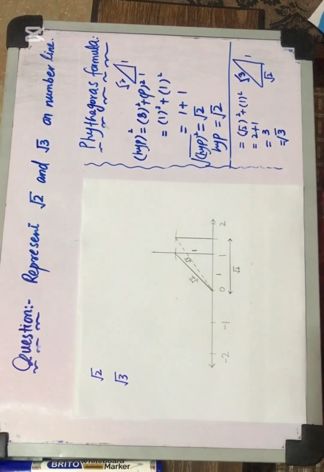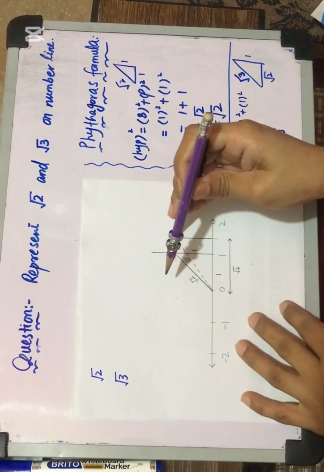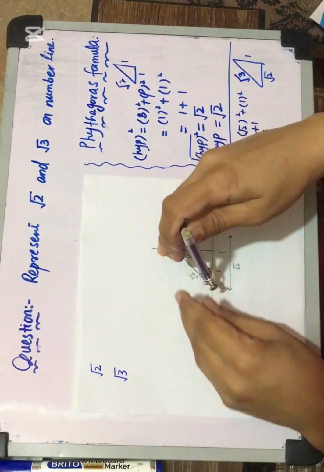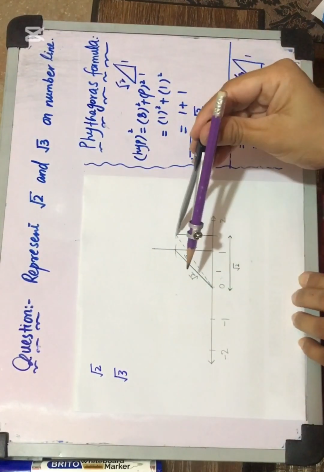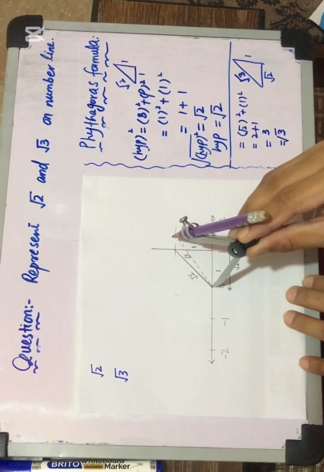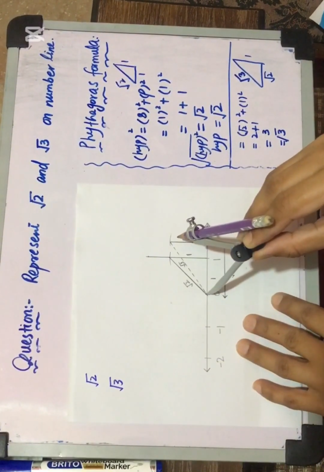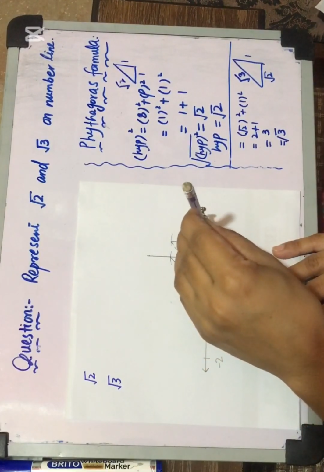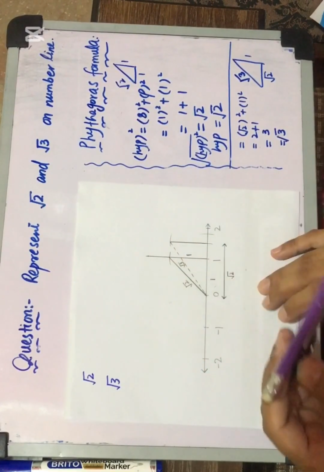Okay students, now measure this line of square root 3. This is exactly square root 3, as you can see, this one. Now put the compass here, and draw an arc of square root 3 on the number line.